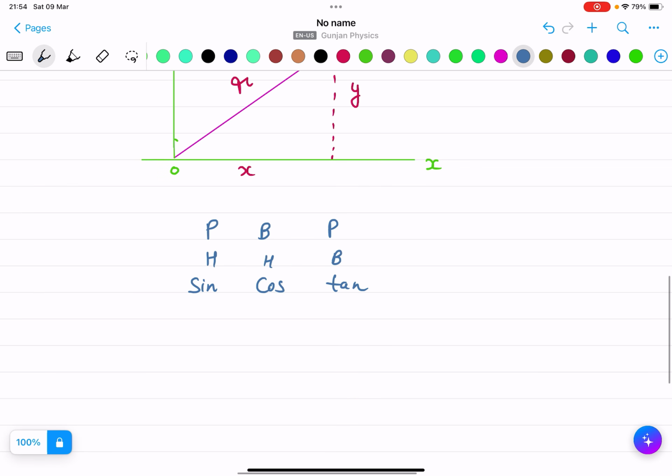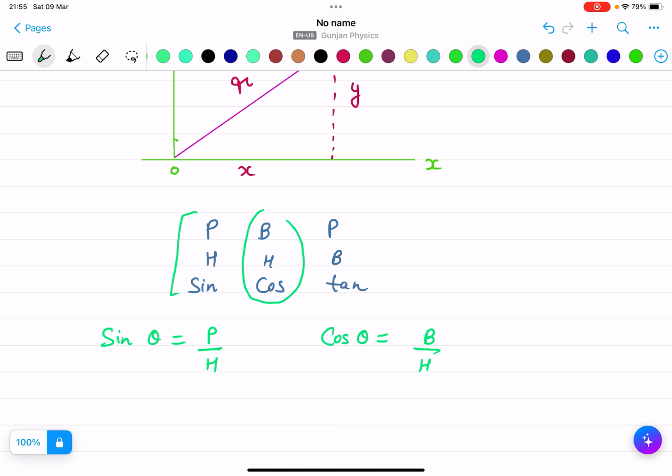So the formula of sine theta will be P by H, right? The formula of cos theta is B by H. And the formula for tan theta will be P upon B.